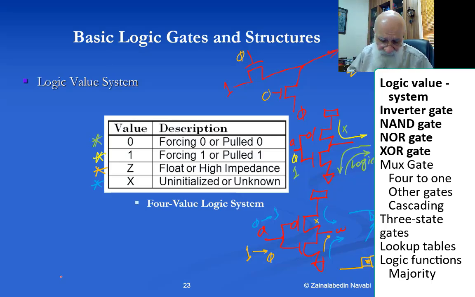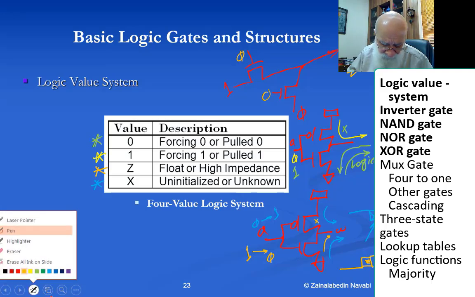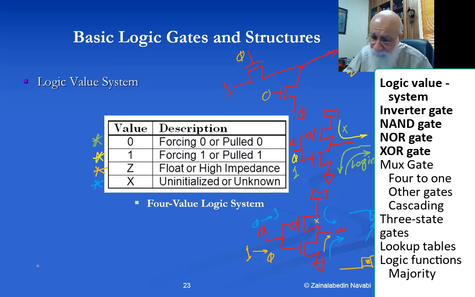Okay, now if you take the 0, 1 situation, this is a 0, this is a 1. Then the upper transistor is not conducting, the lower transistor will be conducting, forcing a 0 into the output, and therefore my output becomes a 0.